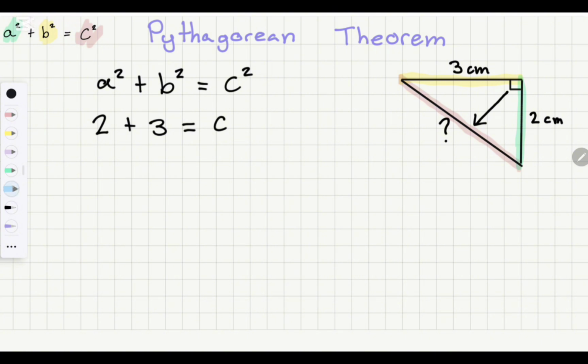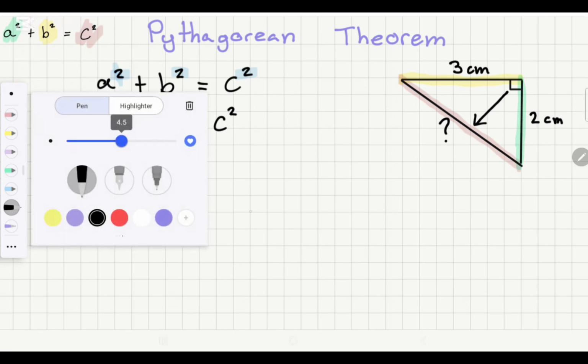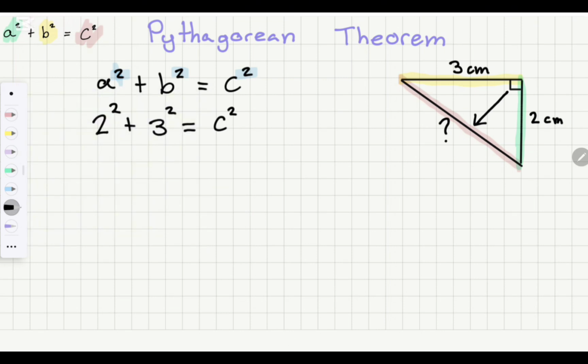Now, notice in the equation, we have these little squares right here. We have those little 2's. That means that we also have to put them into our equation. So 2, 2, and 2. Okay? So how I would go about this is I would first solve 2 squared.